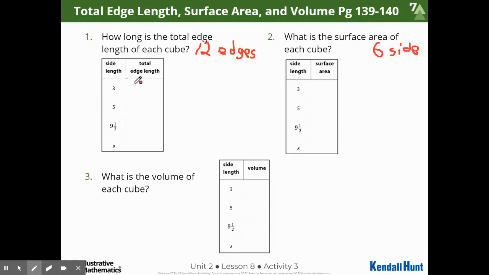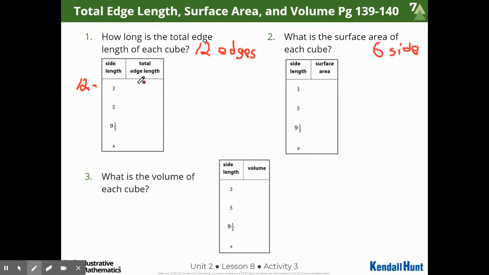How many edges? There's 12. And we're saying that for that first cube, each side length is going to be 3. How many total edge lengths is there? If each side is 3 and there's 12 of them, we simply multiply that by 12.